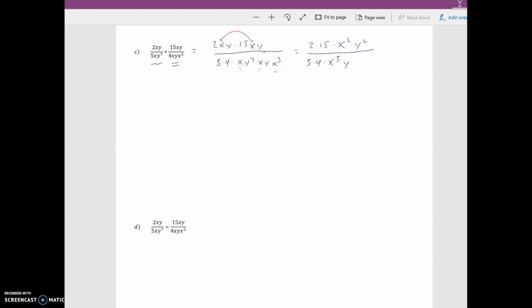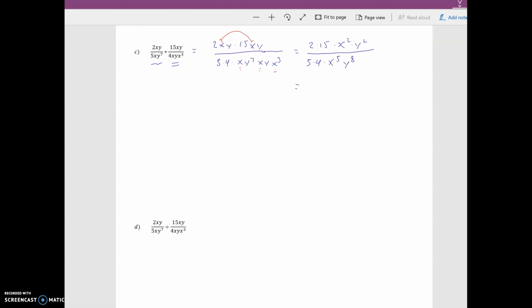In terms of the y's, I'm looking at y to the 7th and another y, so therefore a y to the 8th. Now, let me take a look. On the top, we should just have 2 times 15, x to the 2nd, y to the 2nd. At the bottom, 5 times 4, x to the 5th, and y to the 8th.